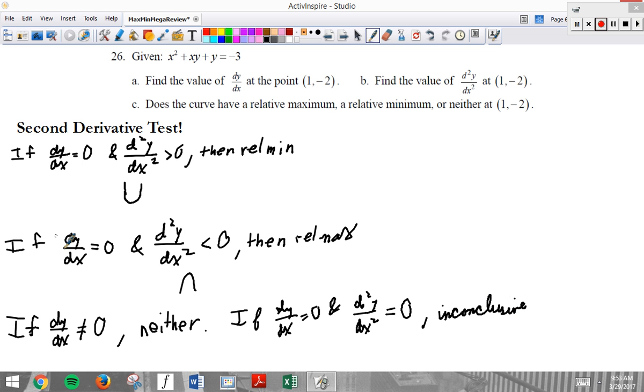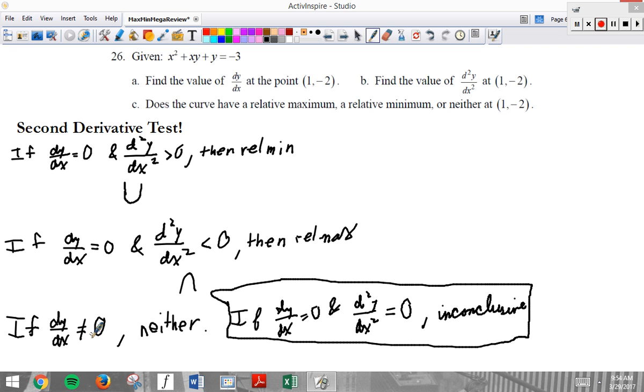Okay. Now this one doesn't really come up that much. But in general, we know that if this first derivative is 0, it could be a rel min or rel max, and then this second derivative test proves it. If the first derivative is not 0, it can't be a relative min max. Now, this is not to be used in most cases.